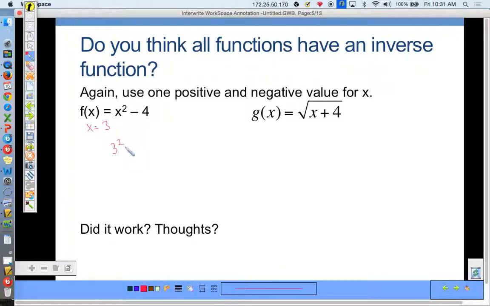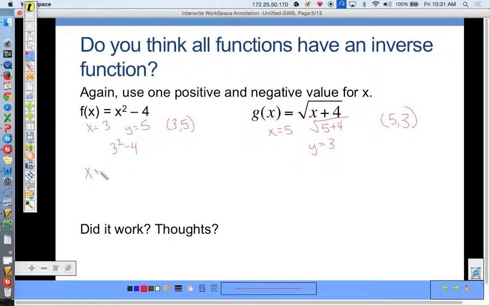So 3 squared minus 4. 9 minus 4, we end up with y equals 5. Over here, we're going to plug in when x equals 5. So we end up with the square root of 5 minus 4, so y equals 3. So this one, again, we had the coordinate 3, 5, and over here, we had the coordinate 5, 3. So that works.